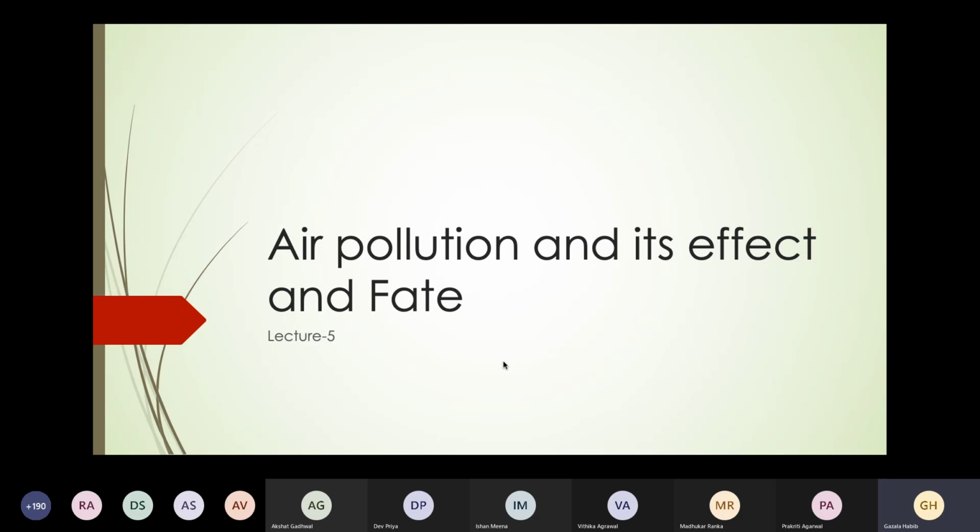I have not shown you the amount of primary emission and secondary emission on the same scale, so I cannot make a statement about which one is greater and which one is lower. I'm just saying that both kinds of pollution are equally important.